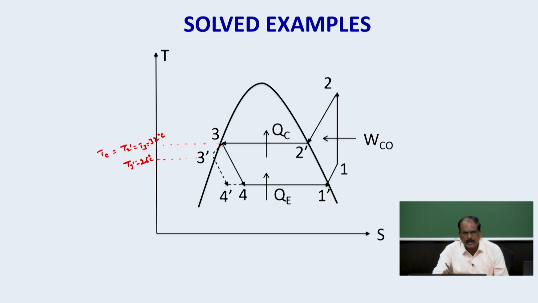So H3 is HF, that is liquid enthalpy corresponding to condenser temperature. H3 will be equal to H4 if we don't consider subcooling, meaning the refrigerating effect is from 1 to 4. Because we are considering subcooling, it is up to 4 dash. So H3 dash is equal to H4 dash, and the subcooling process is shown with a dotted line.